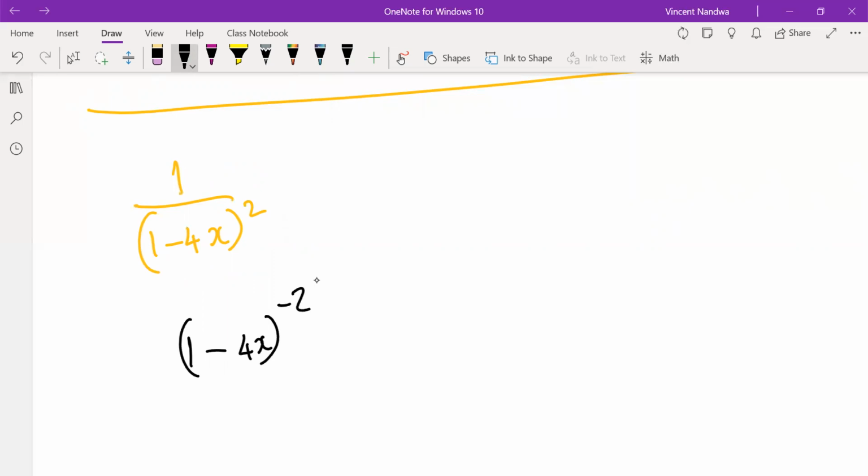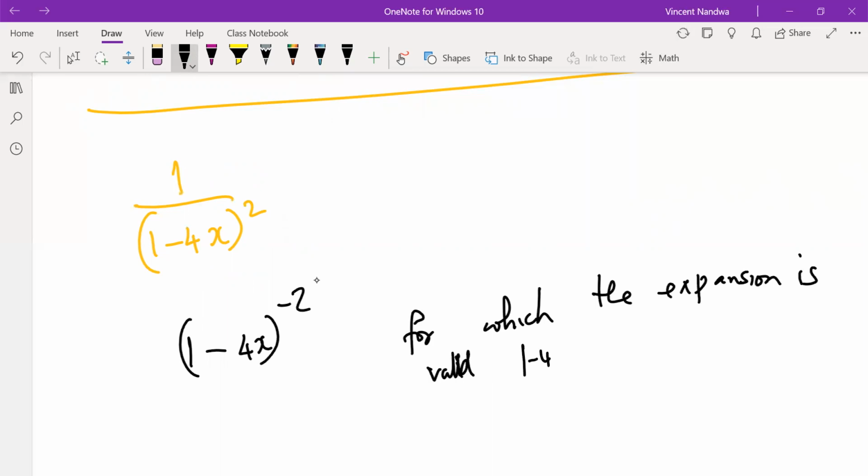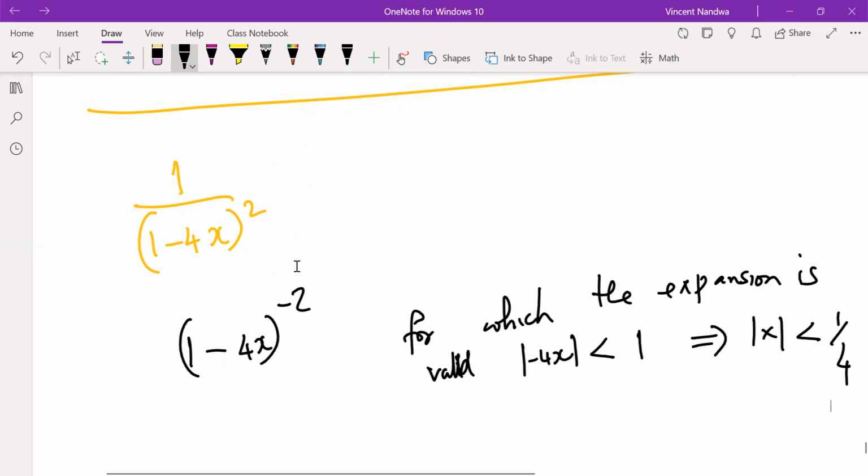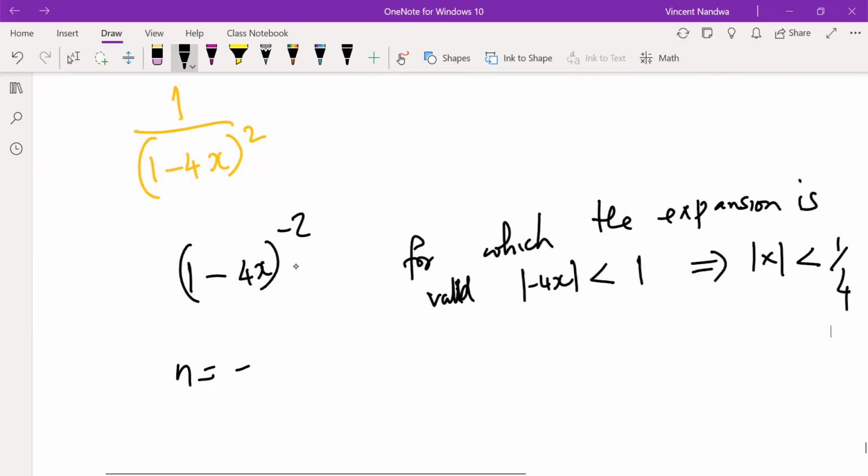So which means that the expansion is valid when magnitude of minus 4x is less than 1. So which means magnitude of x should be less than 1 over 4. So n is negative 2.